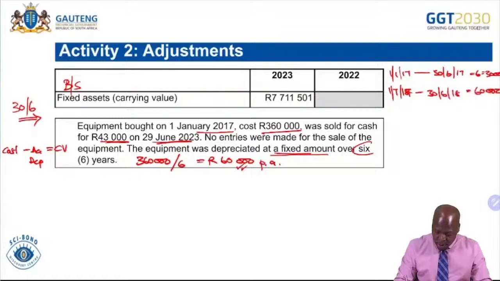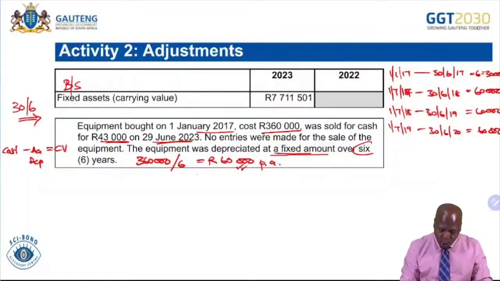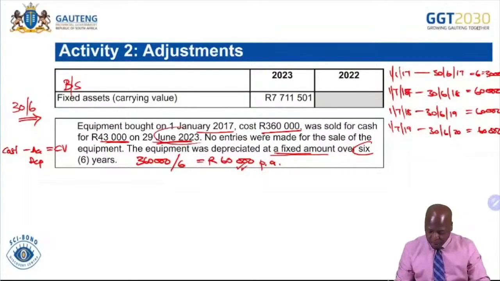Then the year that followed, which began on the 1st of July 2018 until 30 June 2019, it was 12 months, so it lost 60,000 again. Then the following year, which began on the 1st of July 2019 until 30 June 2020, it lost again 60,000. Remember when we sold it on the 29th of June 2023. That's where we are going.